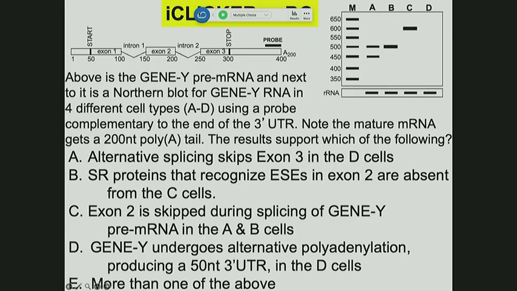We understand alternative splicing? Yes? So if we had the 5' splice site here, it needs to ligate onto a 3' splice site. If it skipped exon 3, there is nothing for it to ligate onto, so that would not be a splicing event.